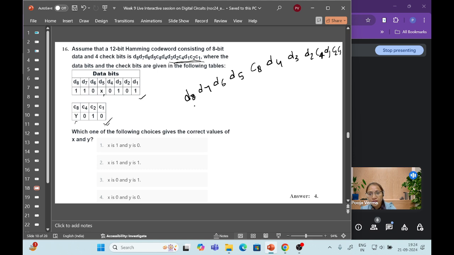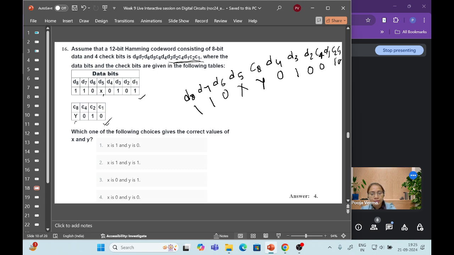D8 is given 1, D7 is 1, D6 is 0, D5 is X. C8 is Y, D4 is 0, D3 is 1, D2 is 0. C4 is also 0, C2 is 1, and D1 is 1. Now we need to find X and Y.